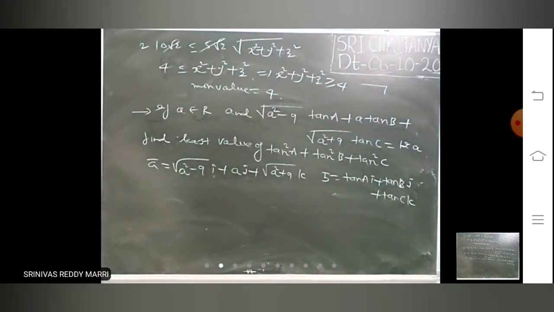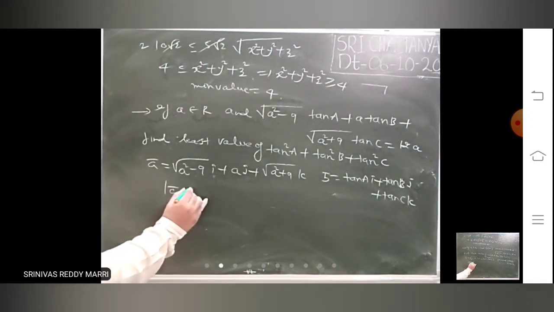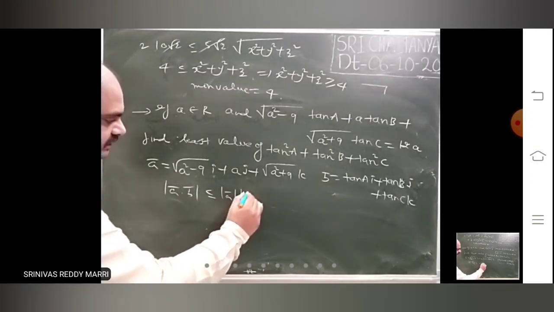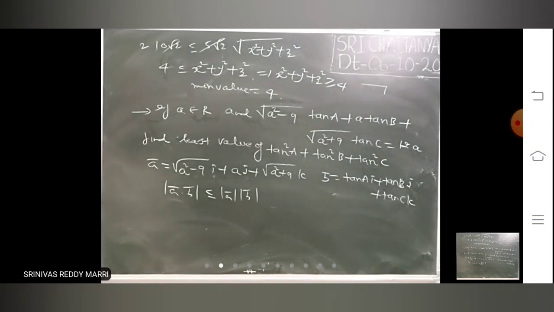Consider two vectors like this. So what is the theorem? Modulus a dot b less than or equal to modulus a bar into modulus b bar.